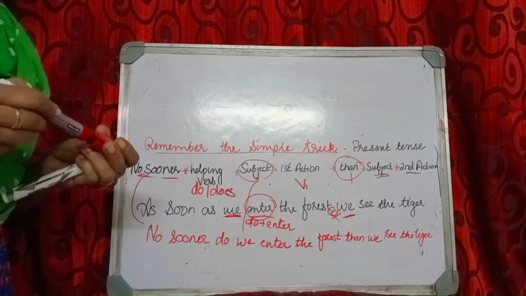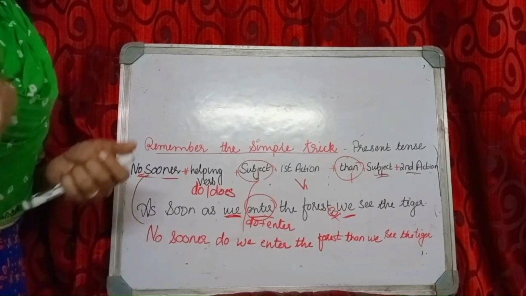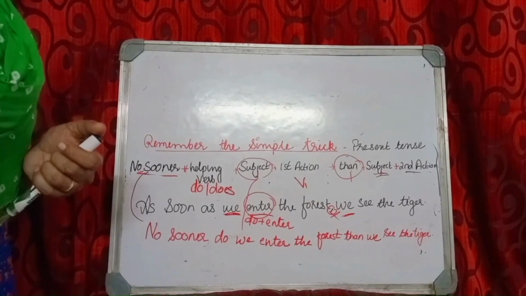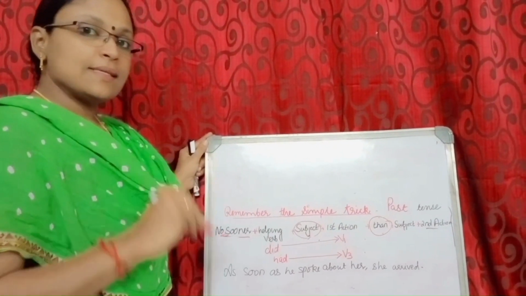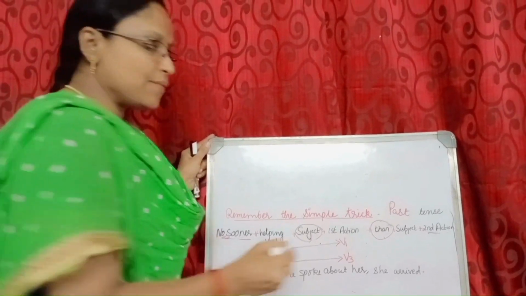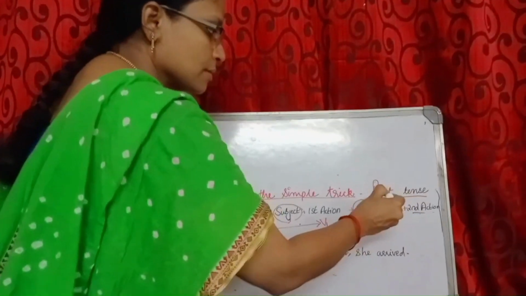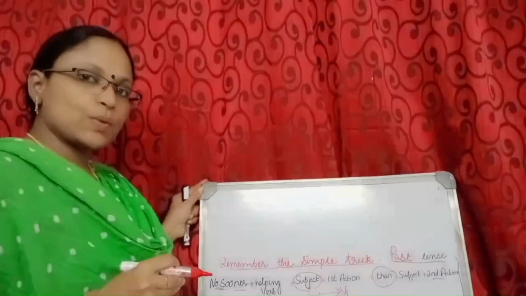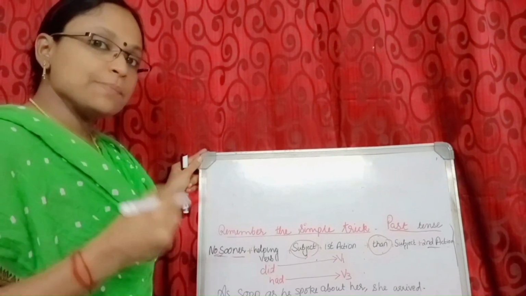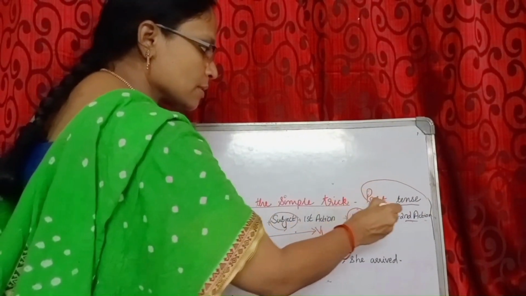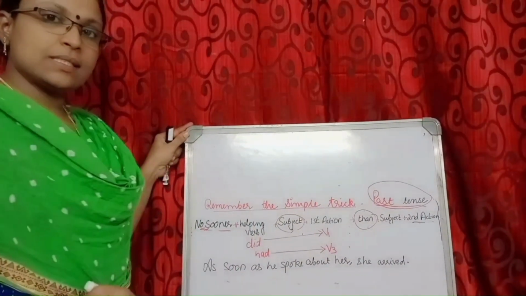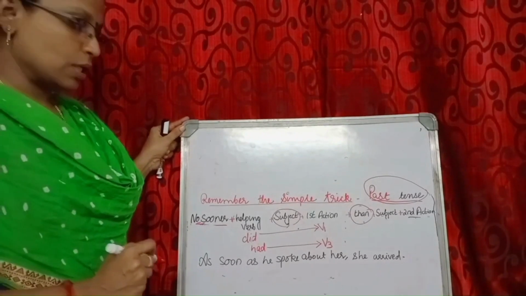So these are the examples if the question or sentence is in simple present tense. Now, if the question is given in past tense, how do we write the sentence which begins with "no sooner"?